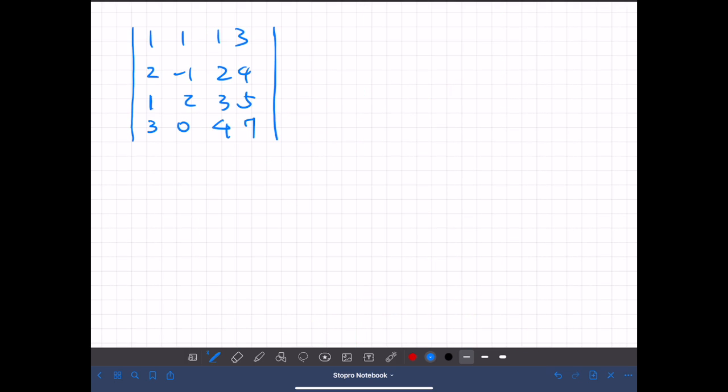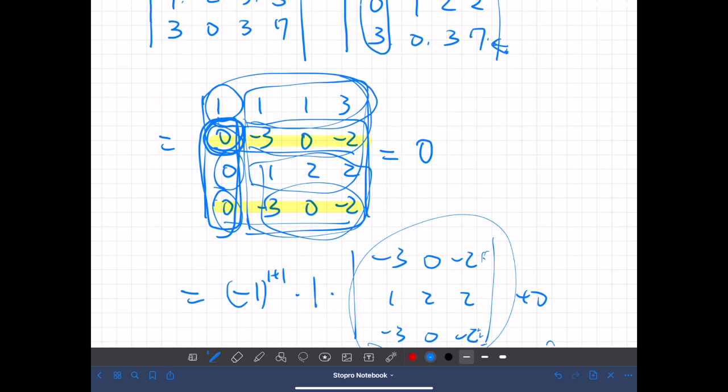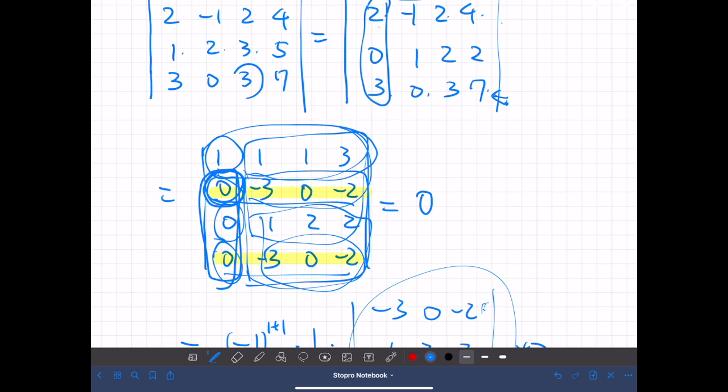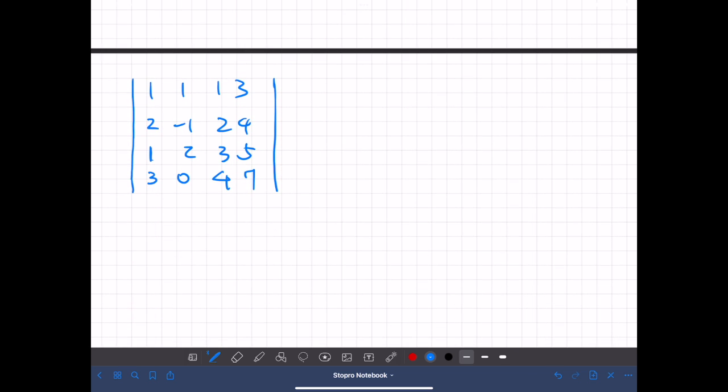Next, let's try a little bit different example. Actually, this matrix is almost the same as the previous one, except for this element. Previously this was 3, but now it's 4. But anyway, we can still apply the same method. So let's subtract 2 times the first row from the second row.